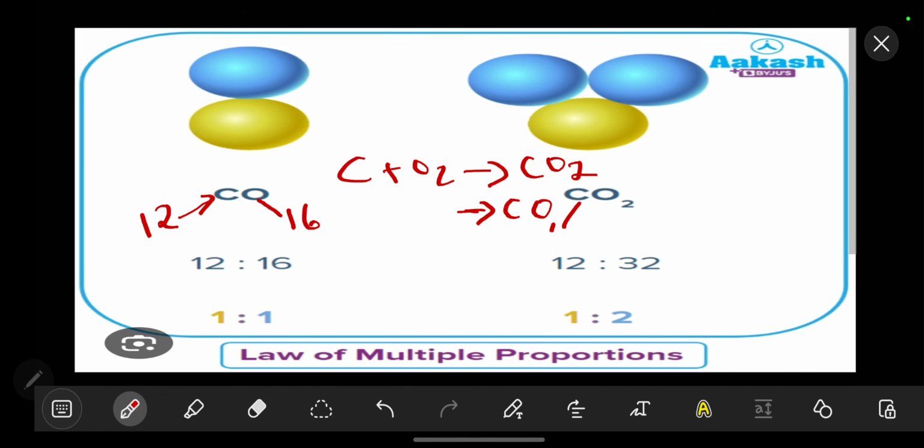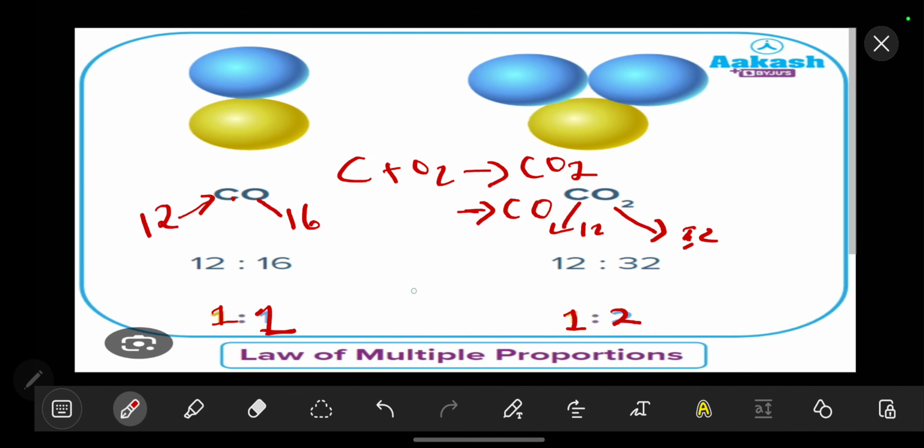Here, carbon is 12. Oxygen here, 2 times our 16 is our 32. So according to that, we have the mass ratio of 12 to 16. Now the combining ratio is 1 carbon combining with 1 oxygen. Here we have 1 carbon reacting with 2 oxygens.